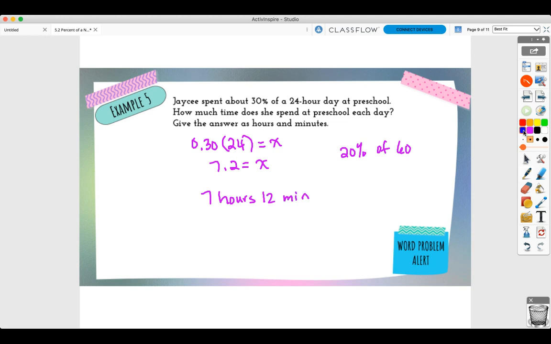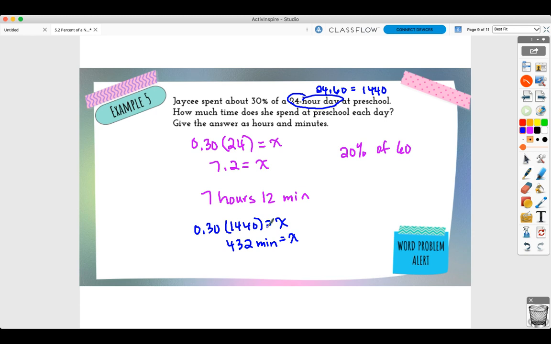The alternate way of doing this is actually changing that 24 hours to minutes right away. So that would just be 24 times 60, which is 1,440. So now we're just going to do 0.30 times 1,440, and that gives you 432 minutes. So you still need to convert that minutes to hours.